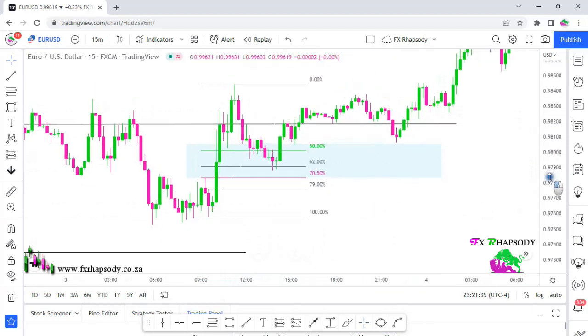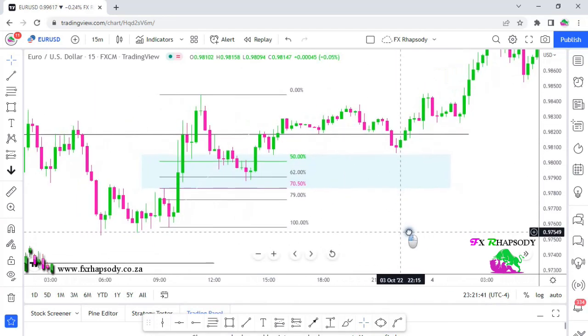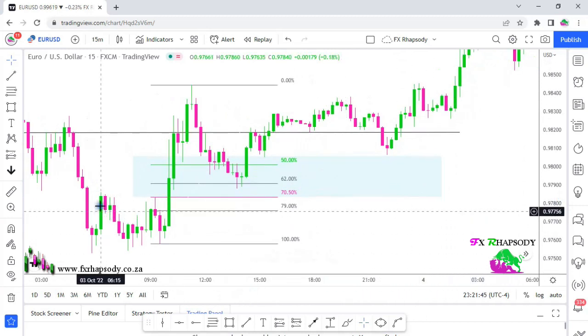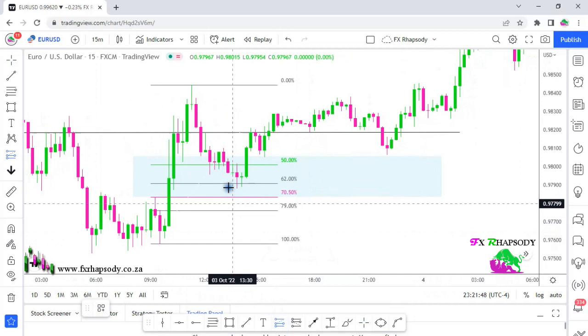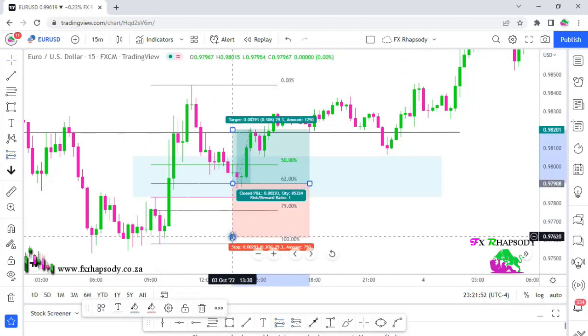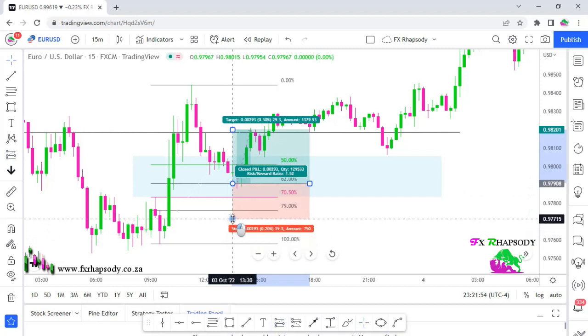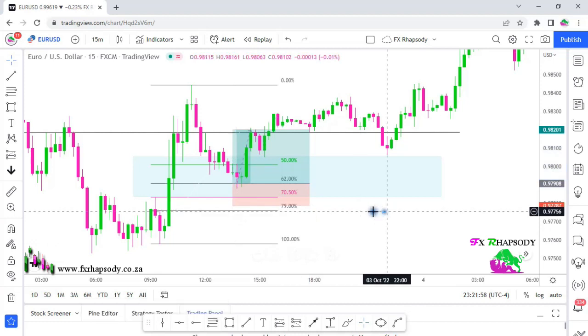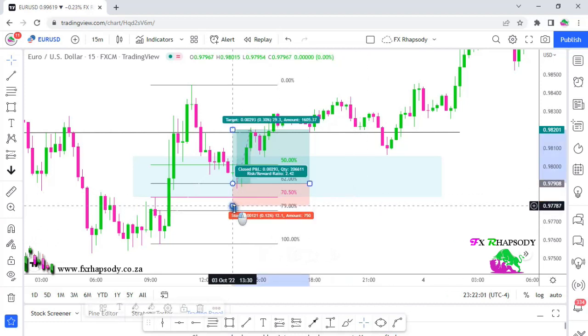Now what happens is you place your trade, and I've had a couple of guys asking me, what I would do is place my trade as soon as price breaks that 62%. My risk for this trade will be just below this fair value gap block. I would have it just below that 79.